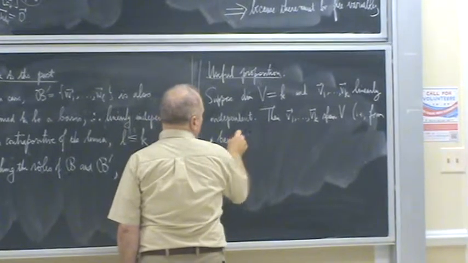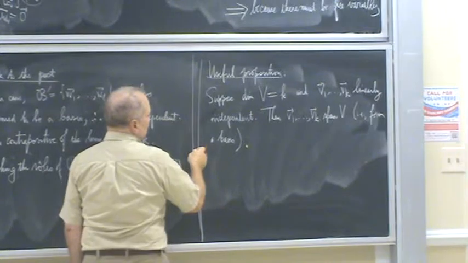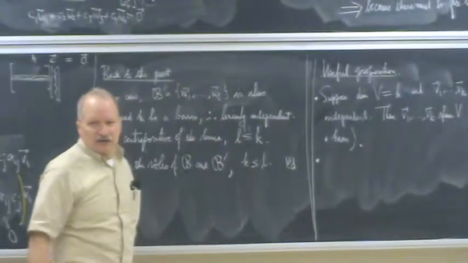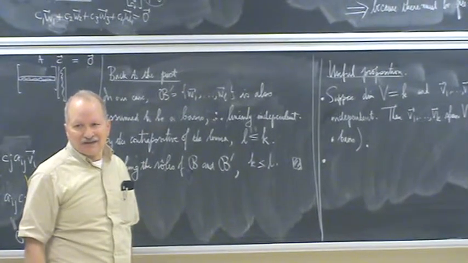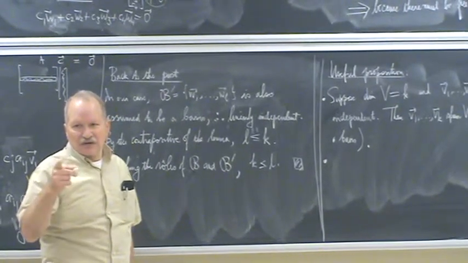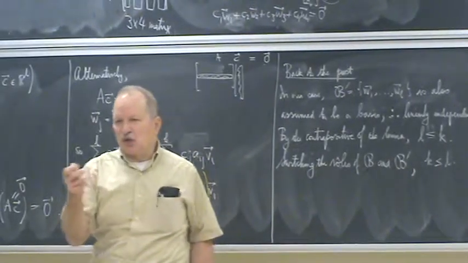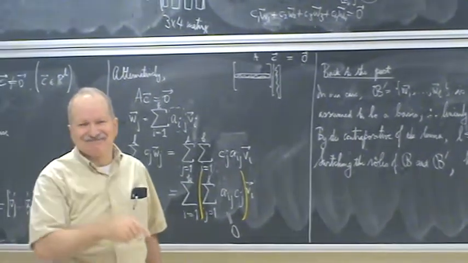What's the companion statement that I could make? If you have a set of vectors that spans V, then it's linearly independent. So you said you have a set of vectors that span V. Do you want to be a little more demanding? K vectors.